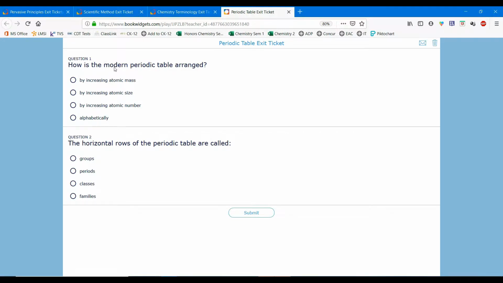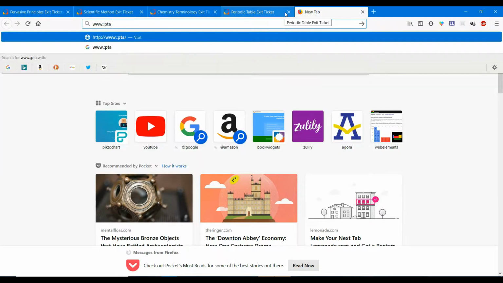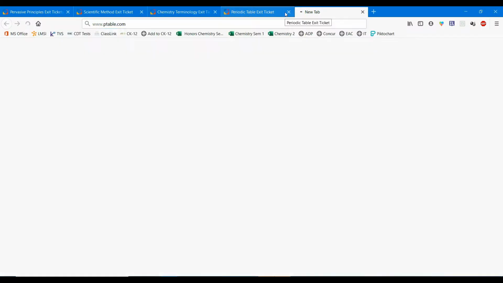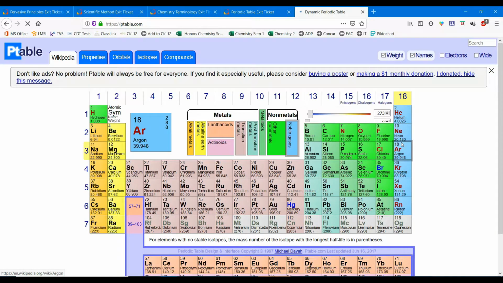The modern periodic table is different from the original one. The original one was organized by atomic mass. In fact, if you look through the periodic table you used in class and look at the masses, we go from hydrogen 1 to 4 with helium, then about 7, 9, 10, 12, 14, 16, 19, 20.